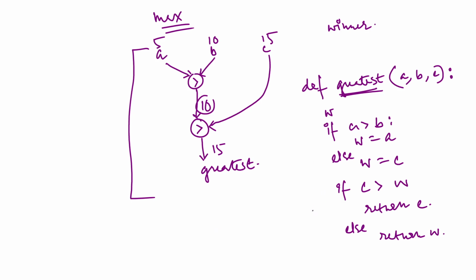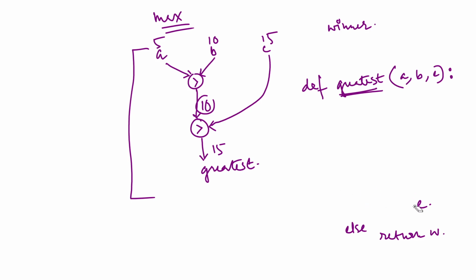The other way, obviously, and maybe slightly simpler, would be to just go with the brute force approach. How does the brute force approach look? The brute force approach is comparing everyone in the same single statement.